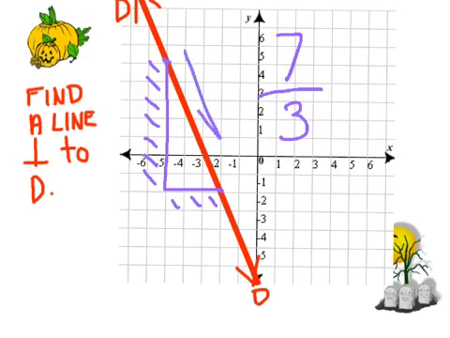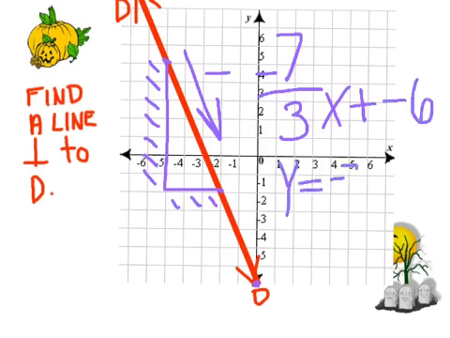This is our slope. It's falling to the right. What's that mean? Right, so our slope is going to be a negative 7 over 3 x plus, what's our y-intercept? It's kind of far down here. Negative 6. So our equation is going to be y is equal to negative 7 over 3x plus negative 6, or minus 6. It's the same thing.